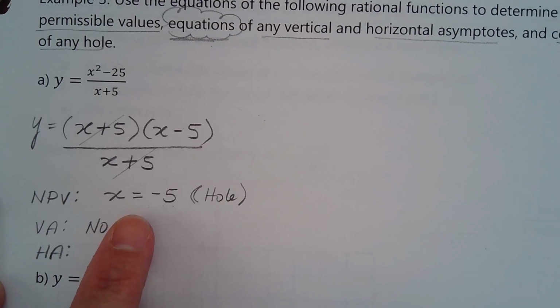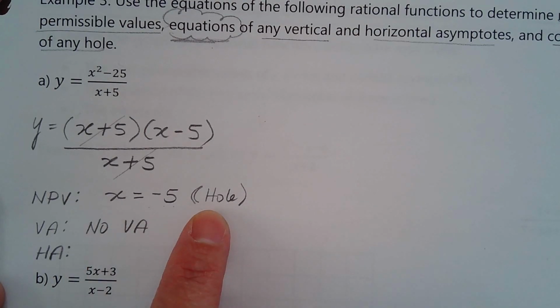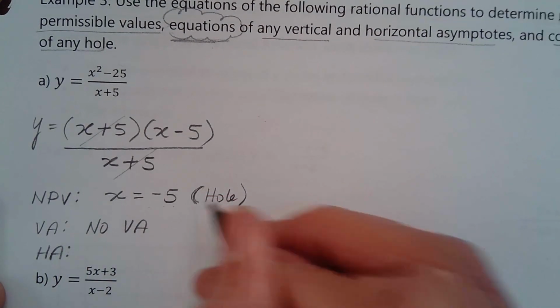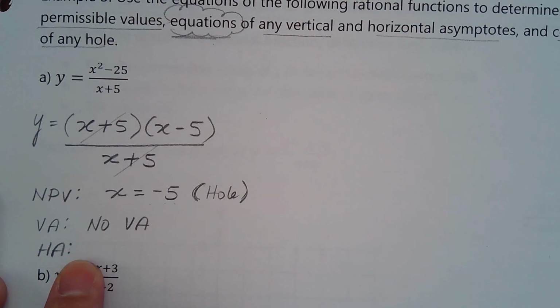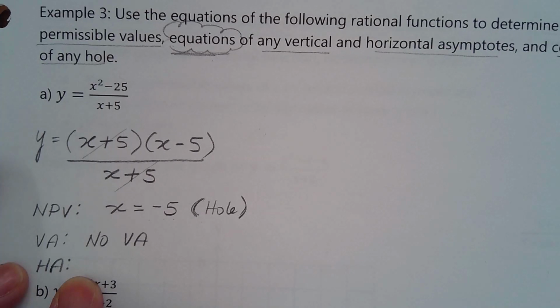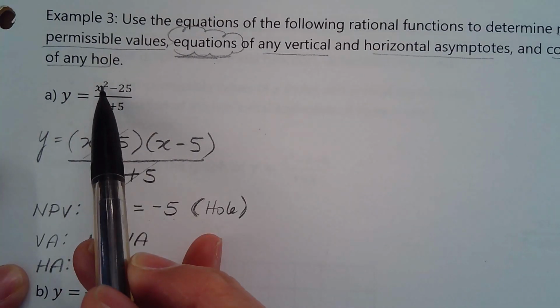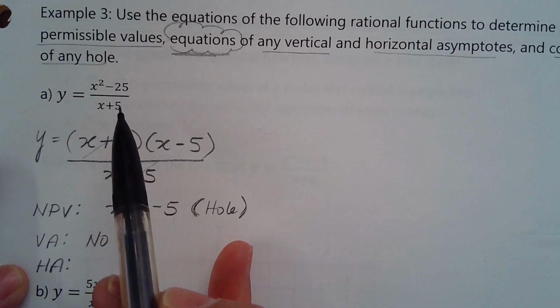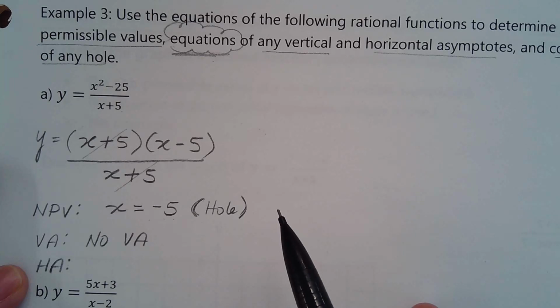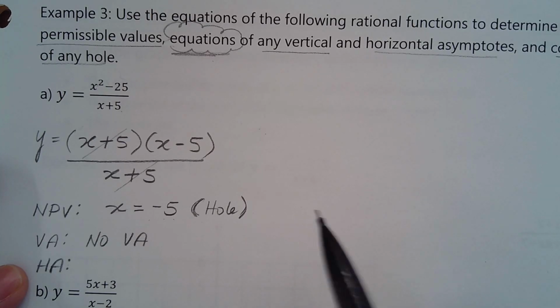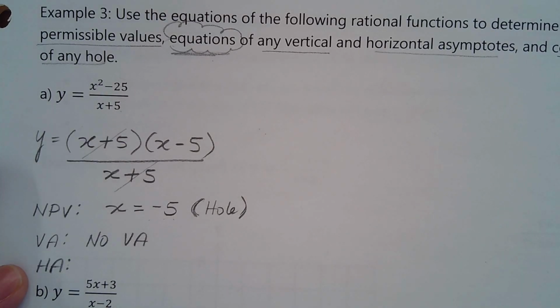So in this case, just the hole. Any horizontal asymptote? We said that if the degree of the numerator is one more than the denominator, it's going to be an oblique, and then we perform a division.